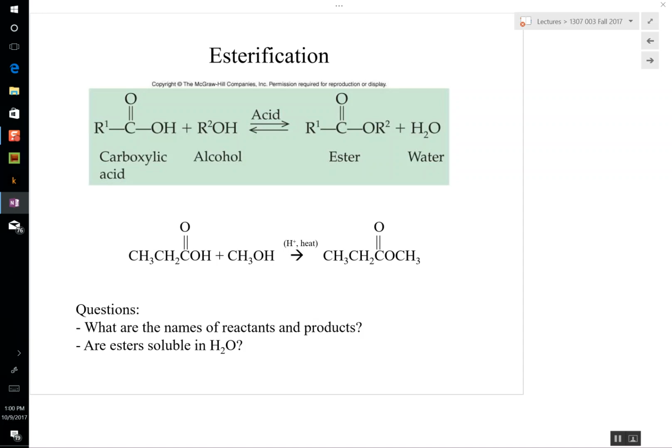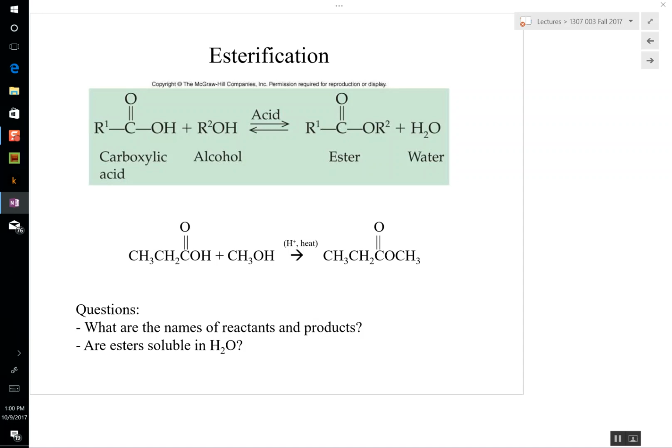You could see from all of those fruits and the esters associated with them that you could take a carboxylic acid and react it with 10 different alcohols and you get 10 different esters. You could take an alcohol and react it with 10 different carboxylic acids and get 10 different esters. So there's just a lot of flexibility here. Just change the carboxylic acid, change the alcohol, and you're getting different esters.